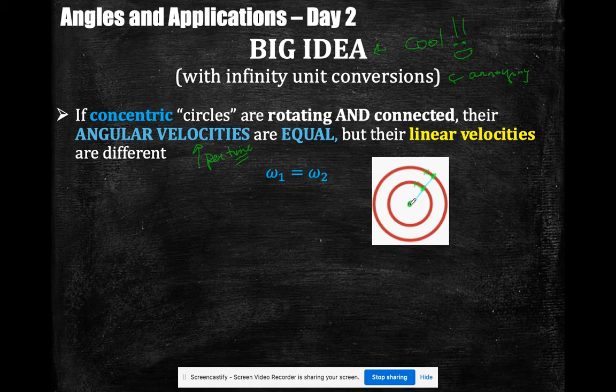So let's say this angle here, and let's say in 1 second, this point will have gone all the way over here, and of course you can't see where that one is. But in the same time, these particles would have gone through the same angle.